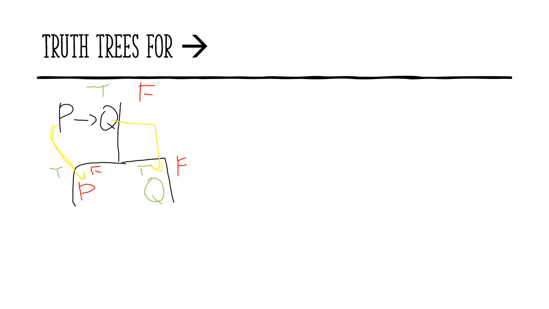Now we take the same statement and put it on the right side. False is on the right, true is on the left. So where is this statement false? Where is P arrow Q false?